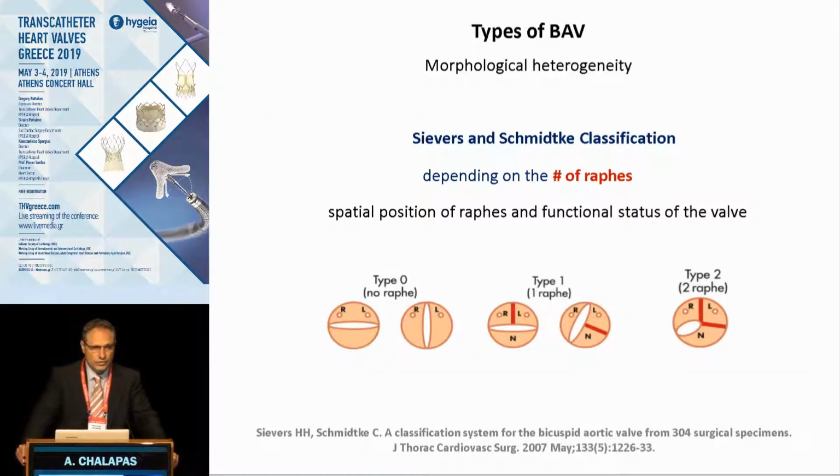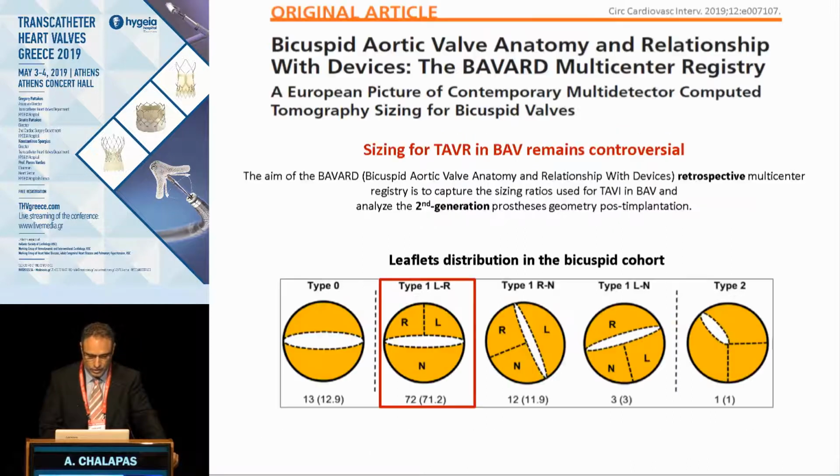Regarding the morphological heterogeneity, there are different classification patterns. The most common in use is the one coming from Sievers, which classifies the bicuspid valves according to the number of raphes: type 0 with no raphe, type 1 with 1 raphe, and type 2 with 2 raphes.